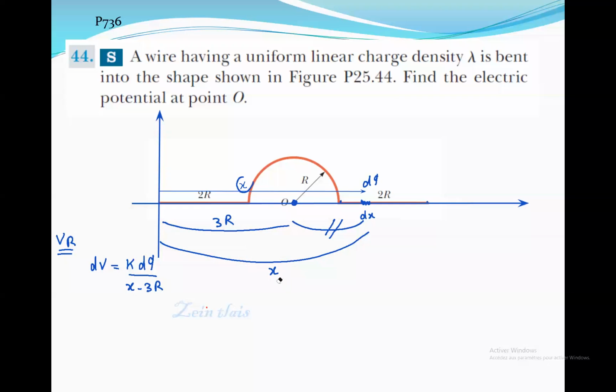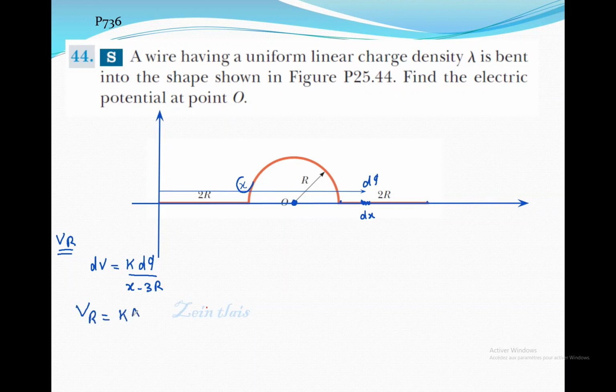Now, I want to calculate V right equals k lambda integral dx divided by x minus 3r, and we put the limit. The limit you have to move. Here we have point A, we have point B. We move the charge along the rod from this point to this point.